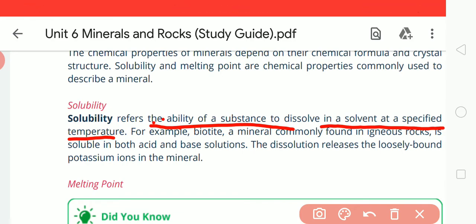The dissolution releases the loosely bound potassium ions in the mineral. Same also with, for example, a tablespoon of sugar. Then you will dissolve it in a hot glass of water. So that is solubility. It is the ability of a substance to dissolve in a solvent at a specified temperature.